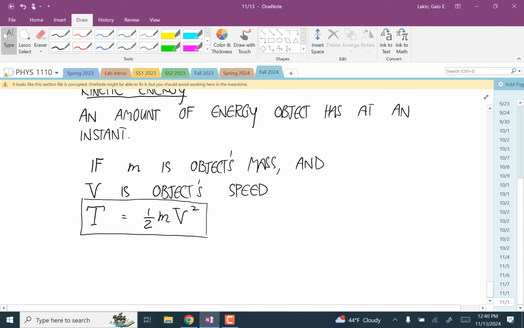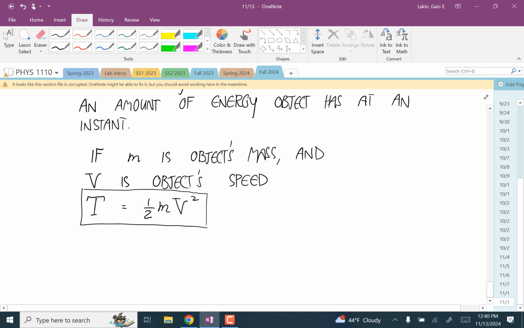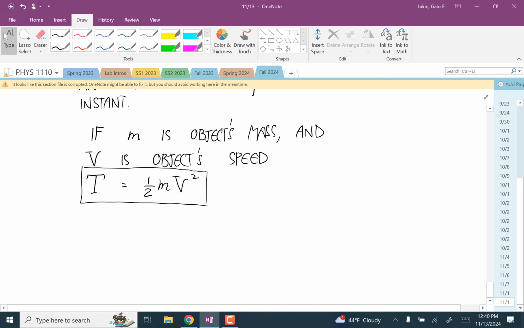If instead of knowing the object's speed, you know its velocity vector, it turns out it's easy to calculate this from the velocity vector too.